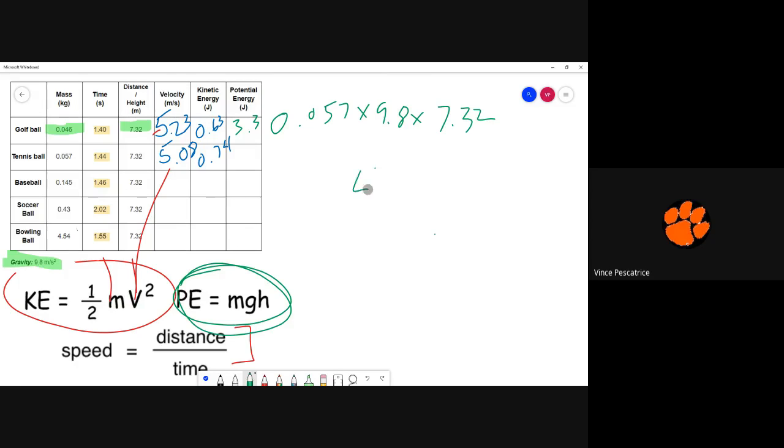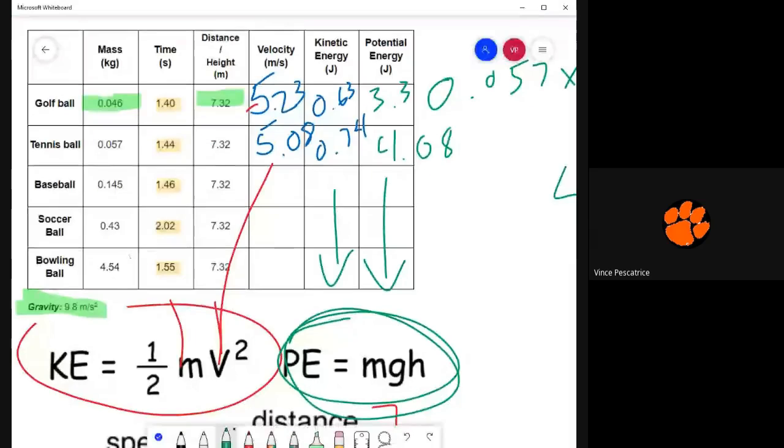That gives me 4.08. And that goes here. And then you just continue all these calculations all the way down here. So it should be pretty straightforward as far as that. I think the hardest part is going to be this kinetic energy and velocity calculations.